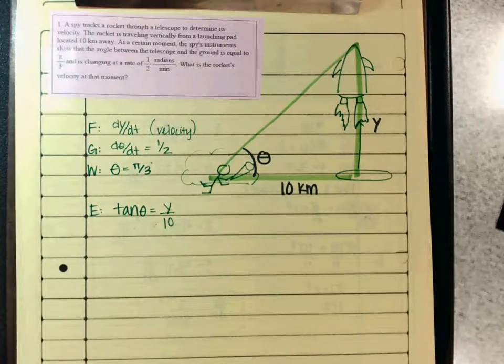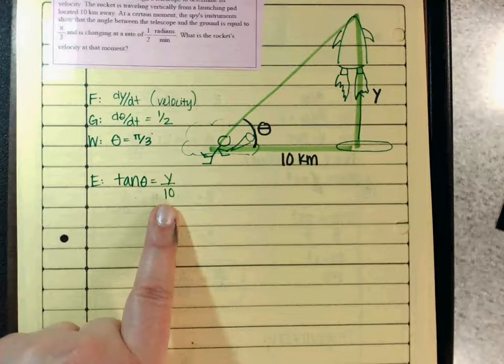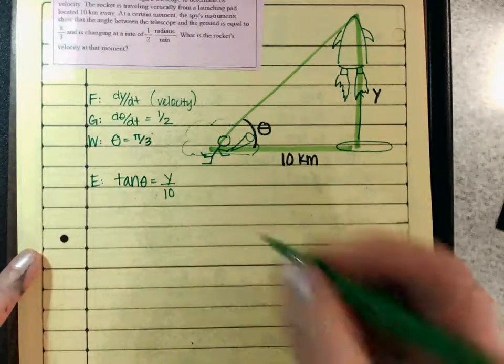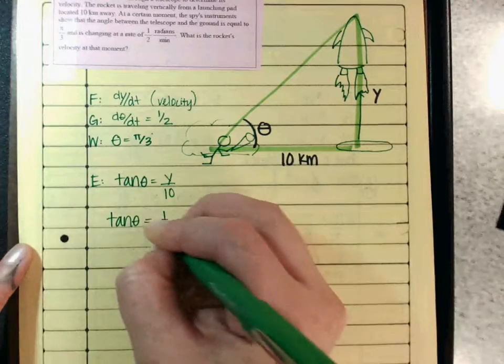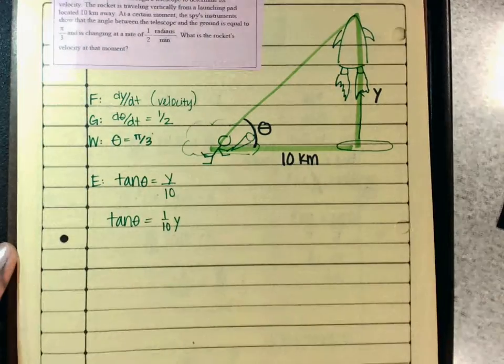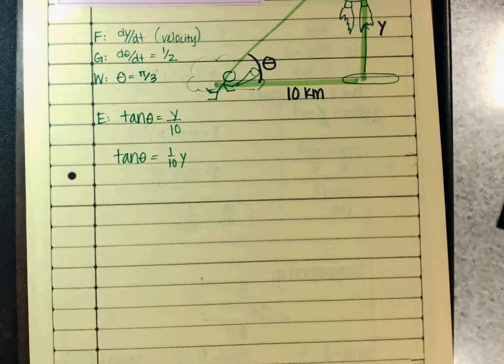Now, if I'm going to take the derivative of this, am I going to need to use quotient rule here, or can I fix it by rewriting? I can avoid it by doing this: 1/10 y, because 10 is not really its own function, it's just a constant. So I'm going to make it a 10th y, now we're going to take the derivative.